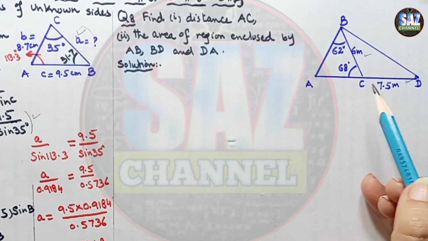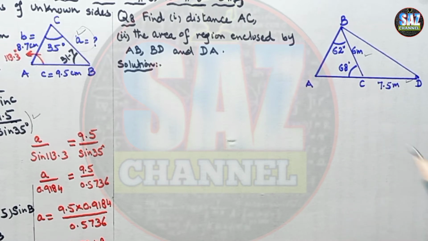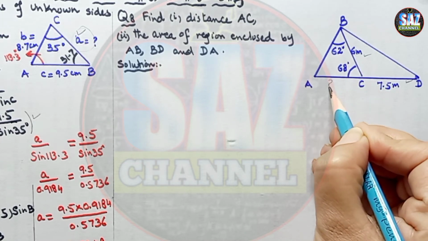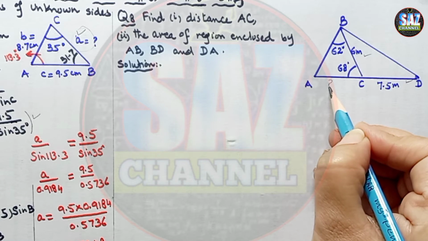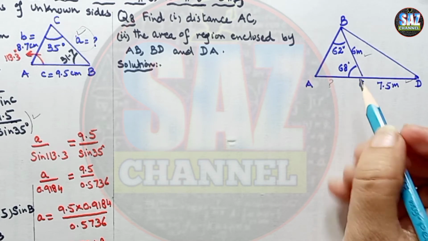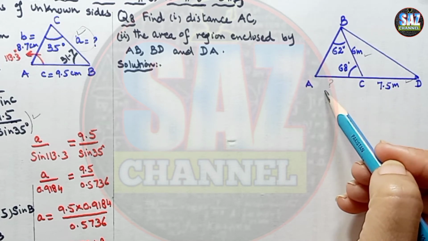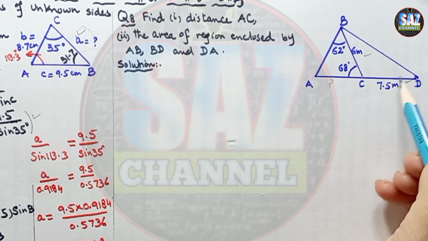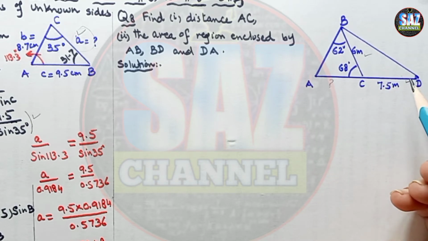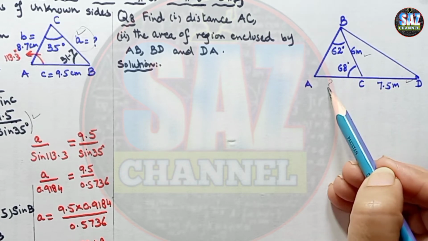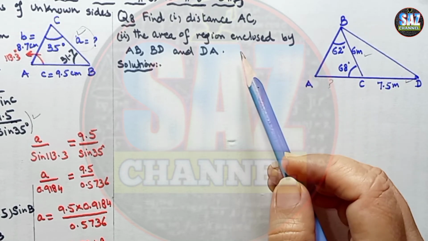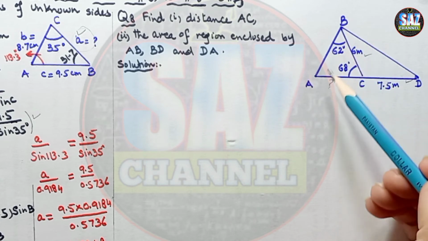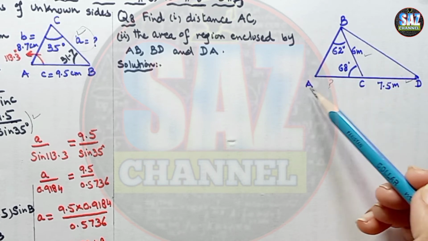We have to find the distance AC, and the area of the region enclosed by AB, BD and AD. Okay, there are two requirements of this question: we have to find the distance AC, and the second is the area enclosed by AB, BD and AD.